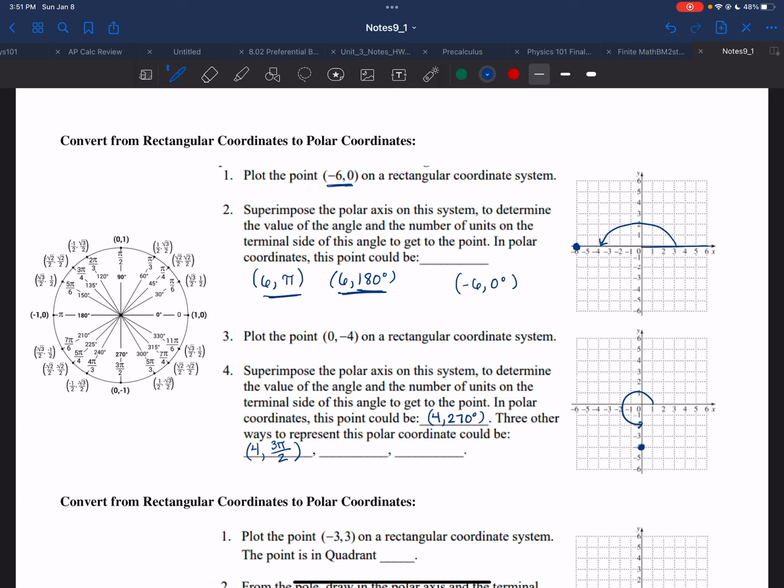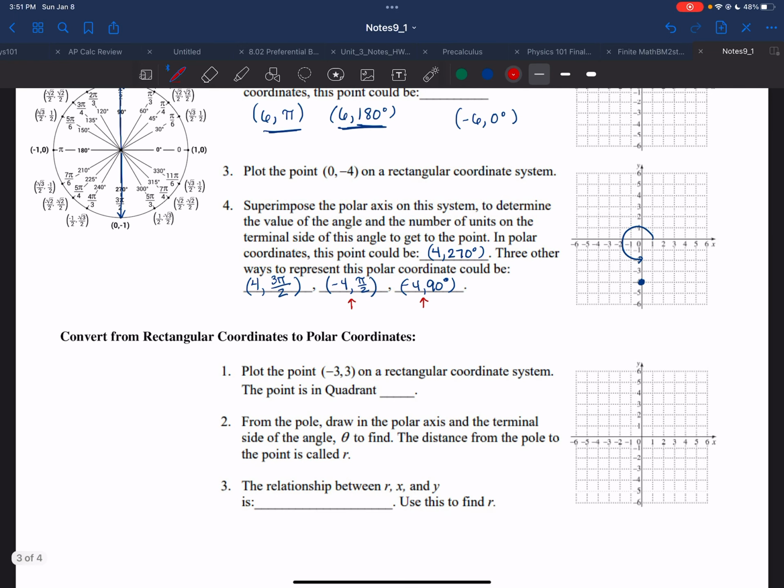What I could also do is, instead of having this axis, I could go to this axis and make it negative. So I could go -4 at pi over 2. And I could also go -4 at 90 degrees. So there's a couple ways to write it. Again, I wouldn't necessarily immediately go with a negative value. It's asking us for multiple, but there's really, again, no reason to overcomplicate it.